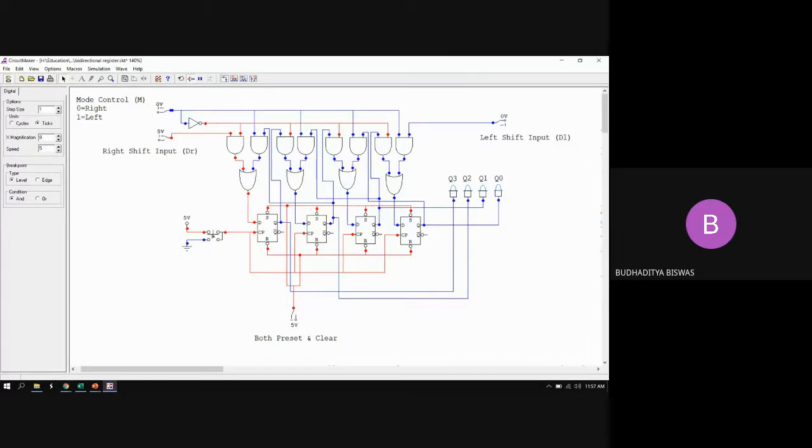So first I give the clock pulse as 1. On the occurrence of the clock pulse, the data which you want to store is stored inside the first flip-flop. This is my first flip-flop. Now again I connect it to 0, give the clock pulse. On the occurrence of the clock pulse, the data are shifted towards the right, and this one is filled by the 0.